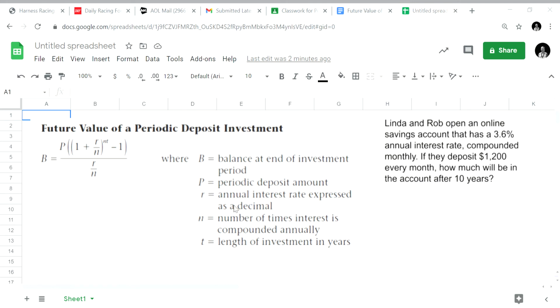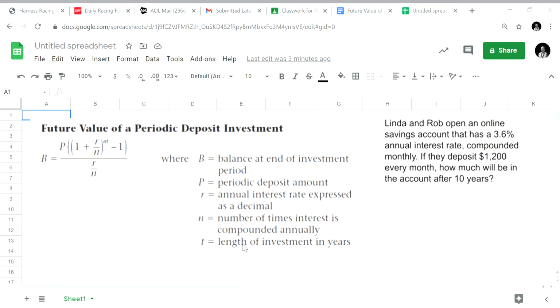Here it says expressed as a decimal, but remember when you're using Google Sheets, you don't have to write it as a decimal. Just put it in as a percent. Now, N refers to the number of times interest is compounded annually. So like daily is 365, monthly is 12, quarterly is 4, weekly is 52, etc., etc. And then T is the length of the investment.